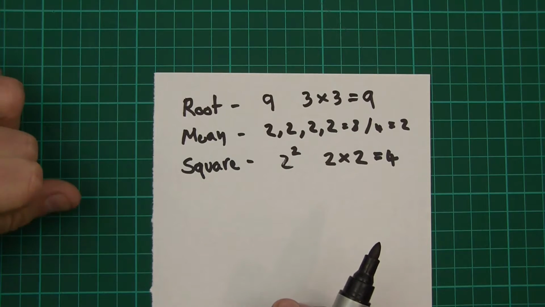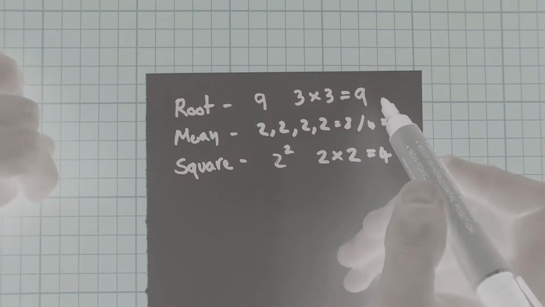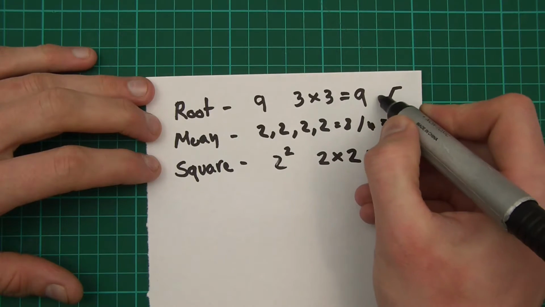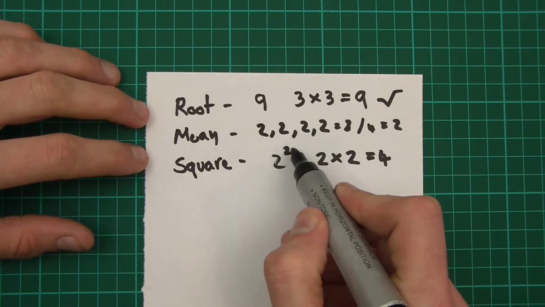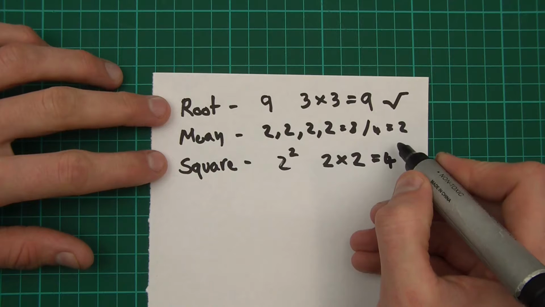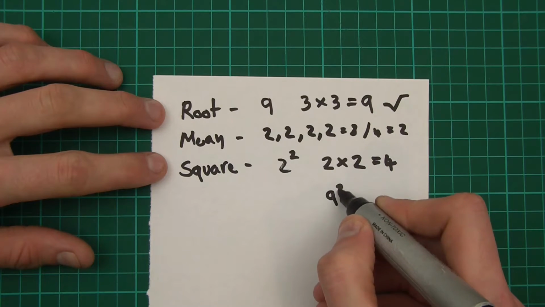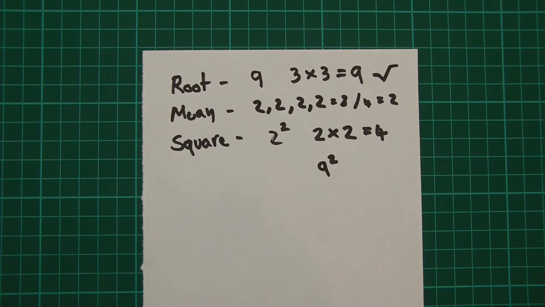So the root of 9 is 3. 3 multiplied by 3 equals 9. And the symbol for that is something like this. I'm actually no maths expert, but I know it's something like that. The symbol for a square is you put a little 2 above the number. So yeah, they're the basics.